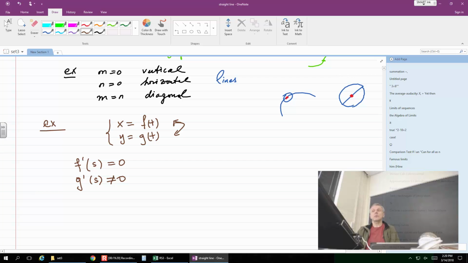Okay, so we saw that example yesterday. What does it look like? In the vicinity of a point, what does the parametric curve look like if you have these properties? It's probably more convenient to put it this way: x prime is equal to 0, y prime is not equal to 0.